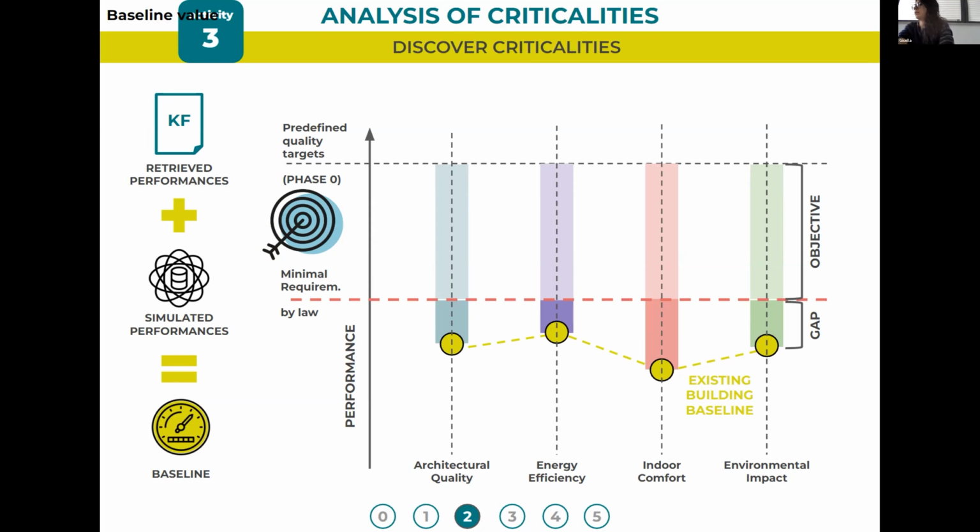So the renovation project for sure has to overcome the gap between the minimal requirement and the existing building. And instead, reaching the predefined quality targets is the main objective of the renovation project.